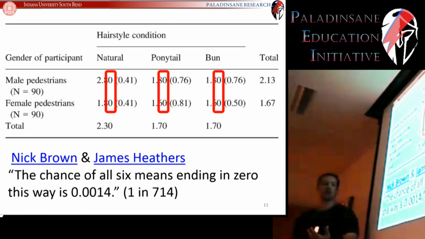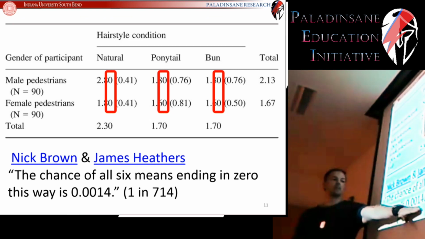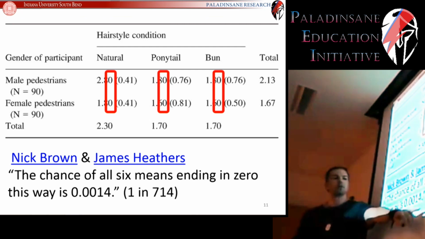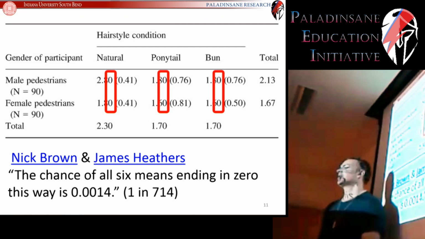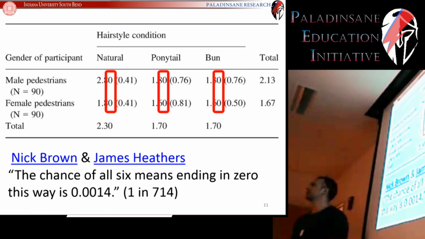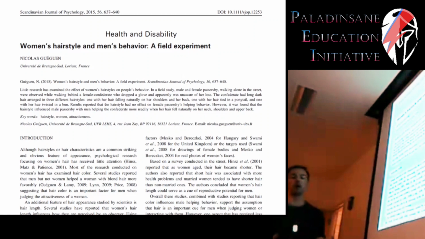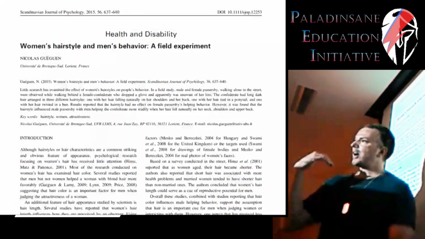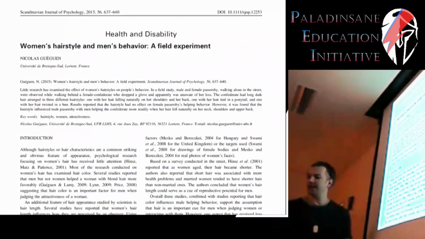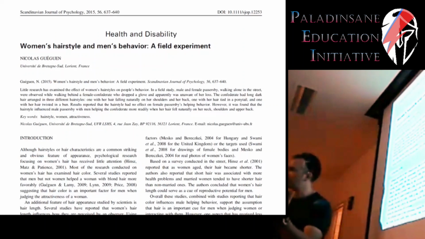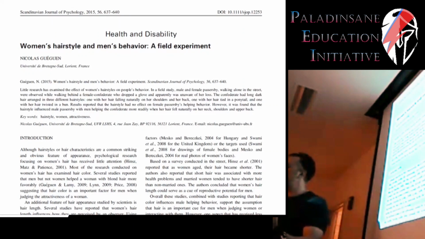So the implication is that this could have happened by chance, but there's a 713 in 714 chance that this is fabricated data. So again, you can't take the fact that it's published in a scientific journal as a guarantee that the data is credible. We have to engage with it and think about, what does it mean?